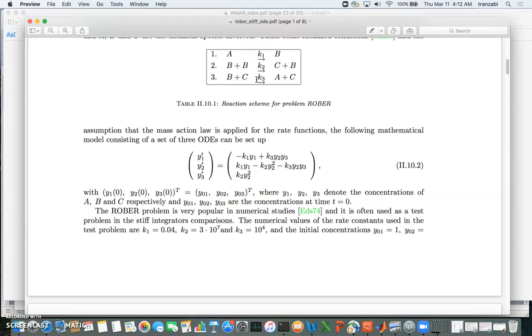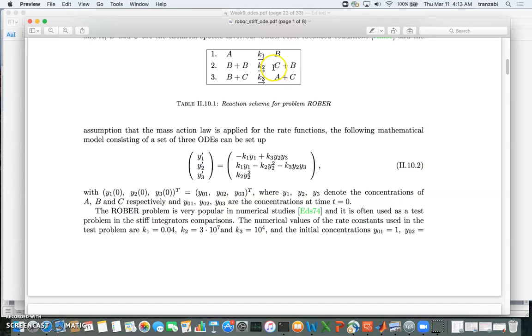So we can write the differential equation: the change in the concentration of A, y1 prime, is equal to negative K1 times the concentration of A, because A is consumed through this reaction, plus K3 times the concentration of B times the concentration of C. So that's why we have K3 times y2 y3.